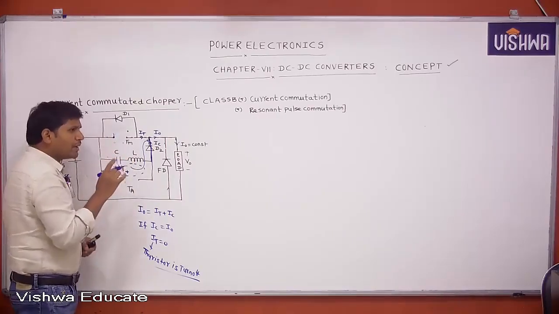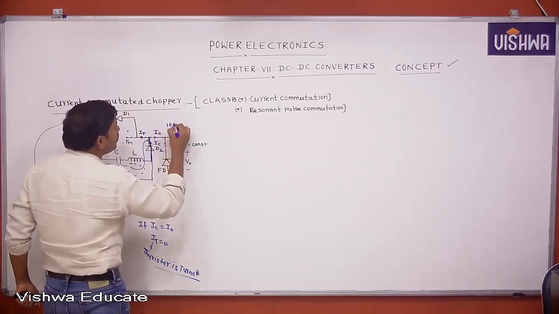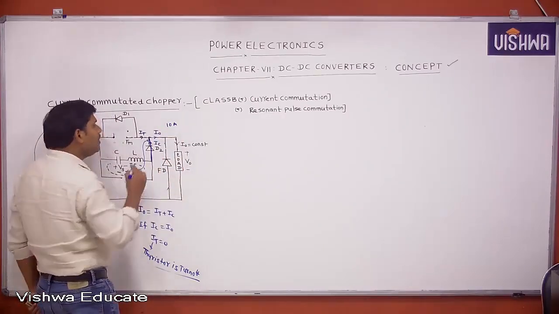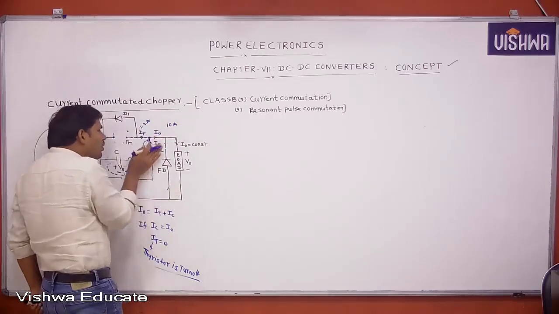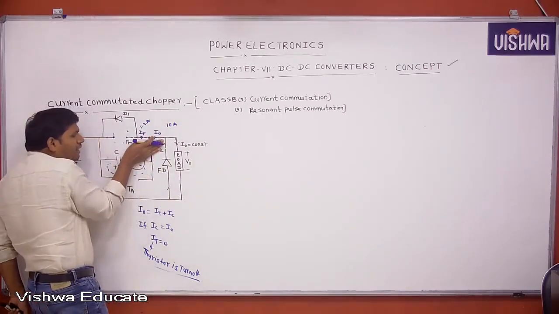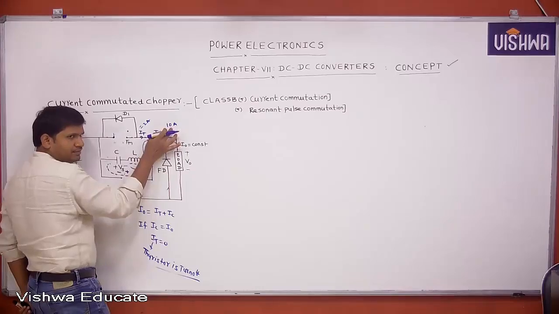That is the point to remember. For example, let us assume that I0 equal to 10 ampere. Before the capacitor is discharging, that is before the D2 diode is conducting, what is the current supplied by the thyristor? 10 ampere.